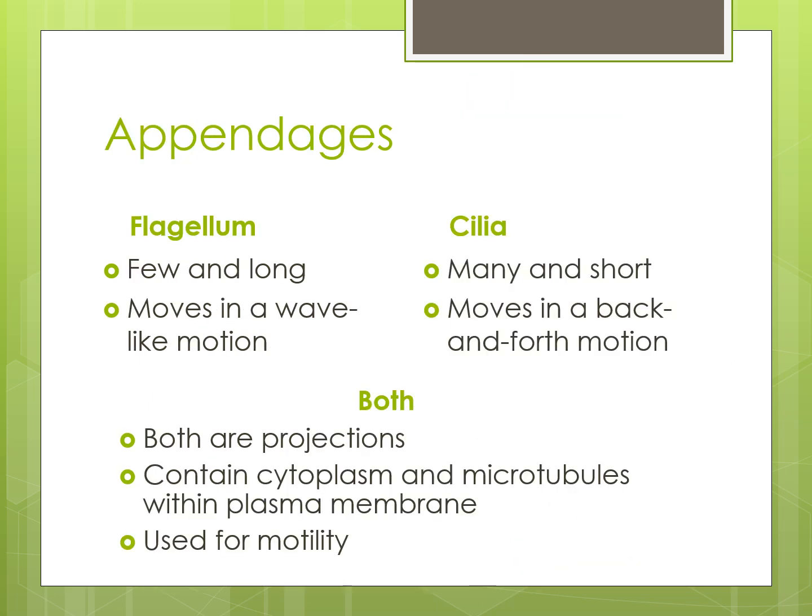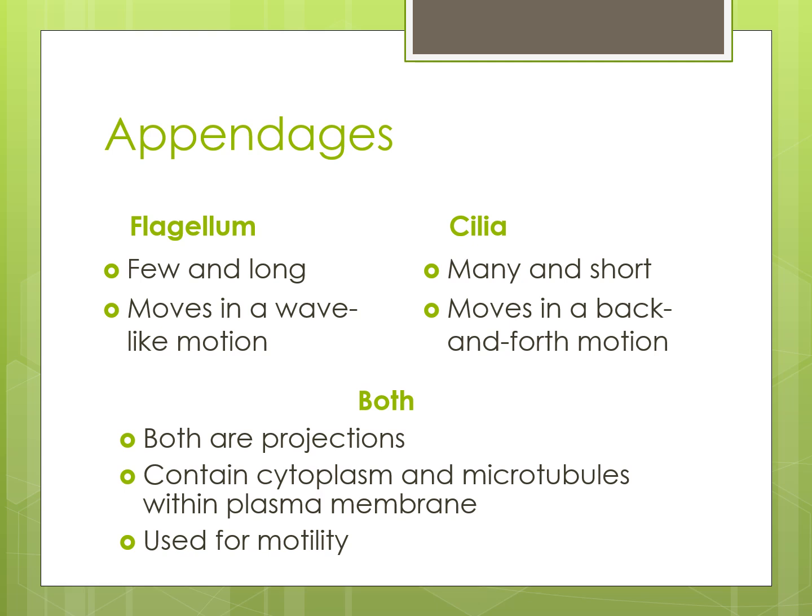There are two types of appendages. We've already talked about these when it comes to prokaryotes, but let's go over them again when it comes to eukaryotic cells. We've got the flagellum, which are going to be much fewer and longer and thicker on eukaryotic cells than on prokaryotes, and they're going to move in a wave-like motion, while cilia can be many and short and are going to move in a back and forth motion.